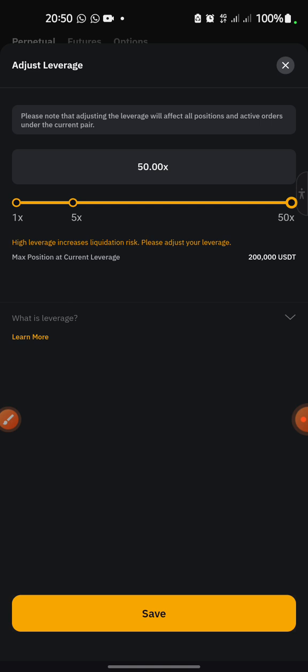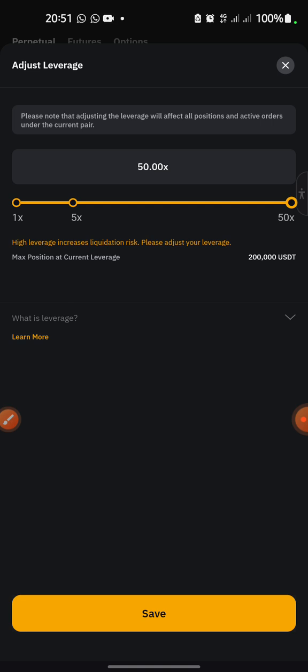Because if you use a low leverage for your small account, for your small portfolio, you would see profits, but the profits will be very, very minimal. While people might be having an ROI, a percentage up of 100%, 200%, definitely the percentage will be high, but your return on investment would be very, very little.